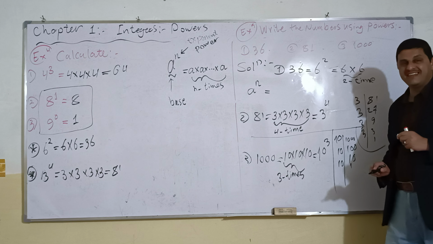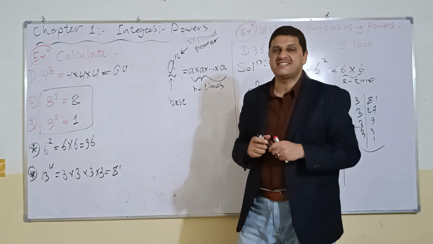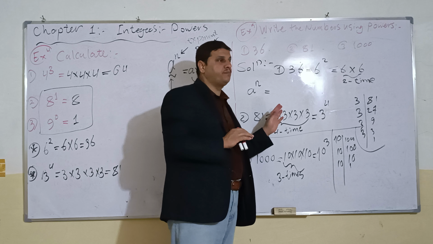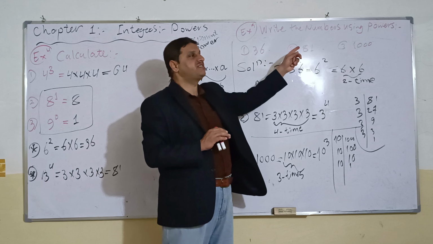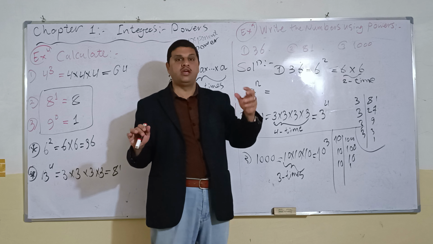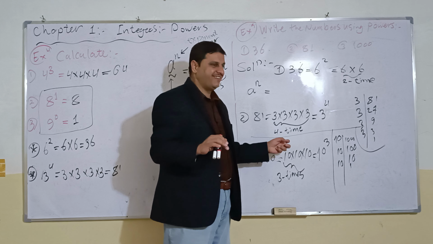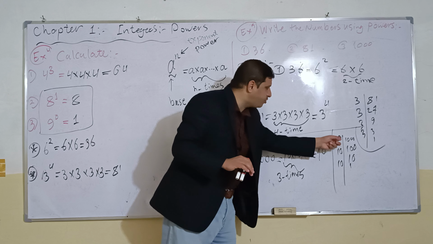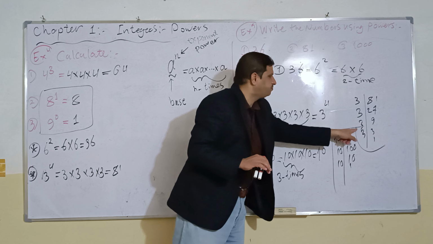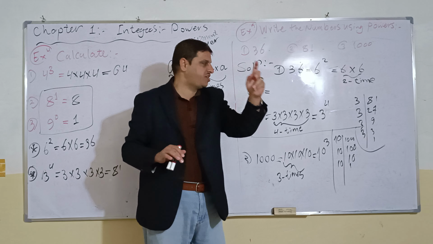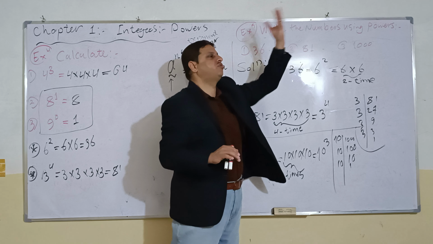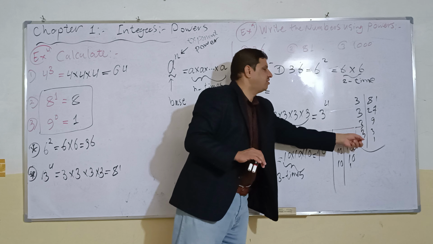Okay, students? When he asks me to write any number with powers, I will analyze by 2, by 3, by 5, or by 10, as I want, according to the question. And then I go to the result. How many numbers? 4 threes, so I take one 3 to the power 4.